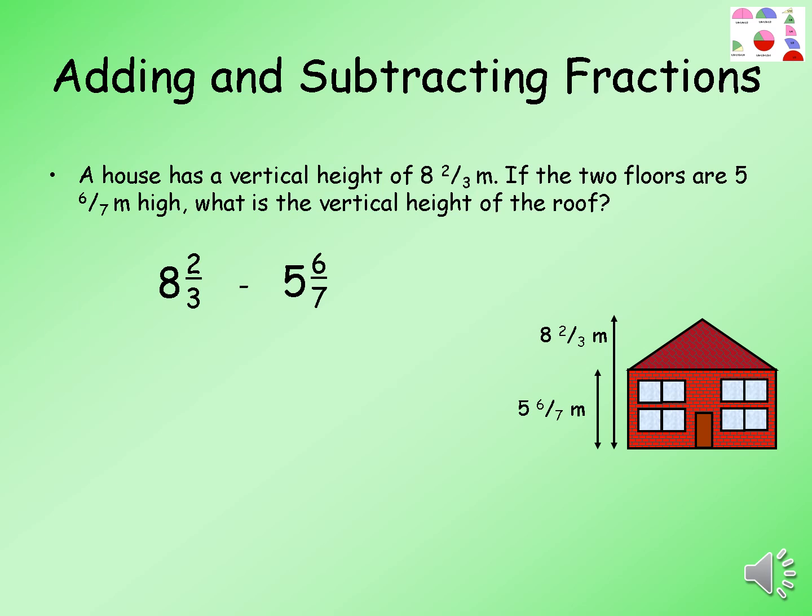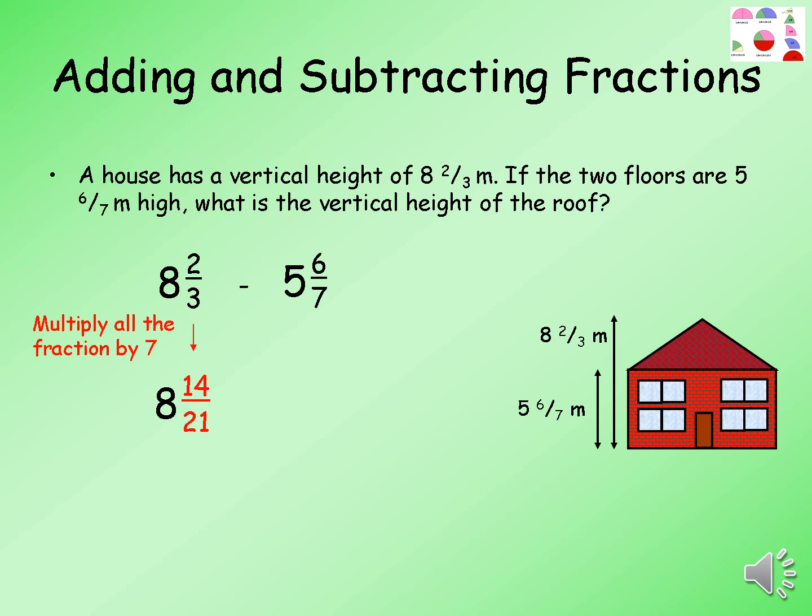Okay, so again, I would turn that into a top heavy fraction. So 8 times 3 is 24, plus 2, 26 over 3, and 35 and 6, 41 over 7. But in schools nowadays they are told to keep them separate.